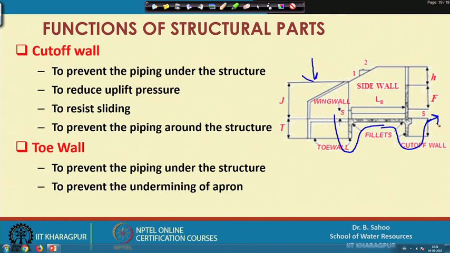So, if the cut-off wall depth is more, then generally the piping failure is avoided. Then it reduces the uplift pressure, it resists sliding, prevents the piping around the structure, and the toe wall also prevents piping around the structure and prevents undermining of apron.